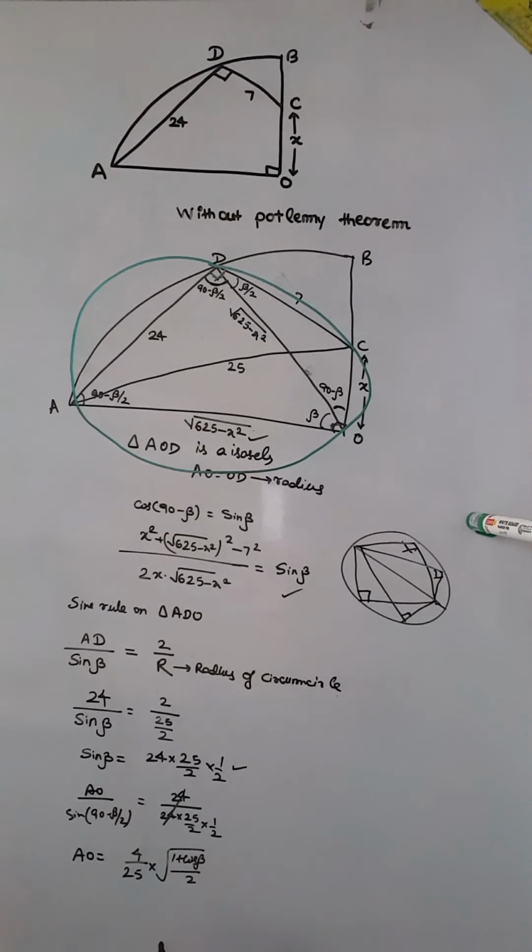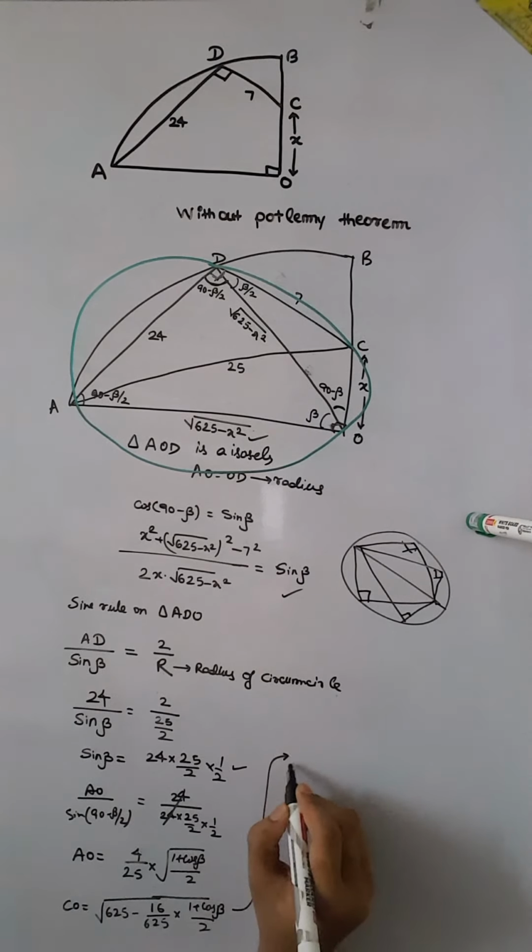Now again we have a cos term. So if we figure out the value of AO, we get the value of CO. The value of CO, which we need to figure out, is the square root of 625 minus AO square, where AO square is 16 divided by 625 multiplied by 1 plus cos beta divided by 2.